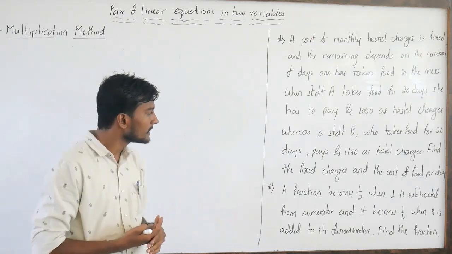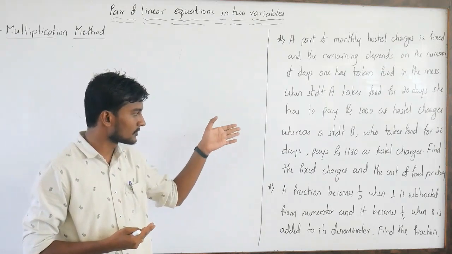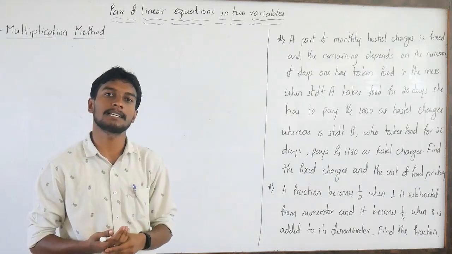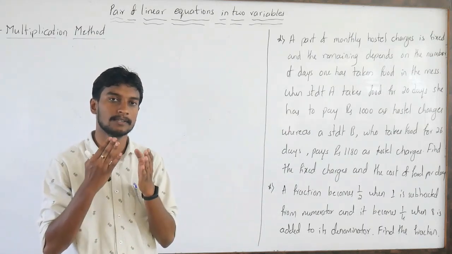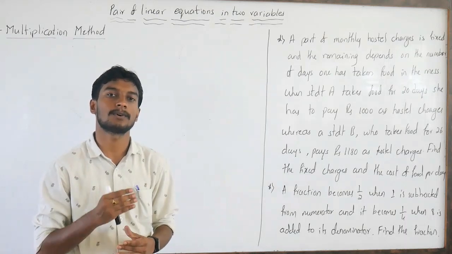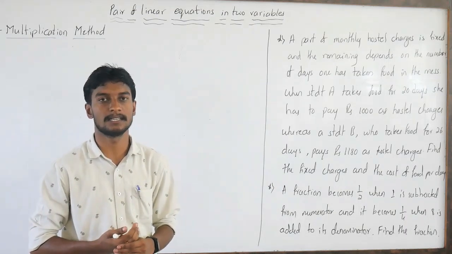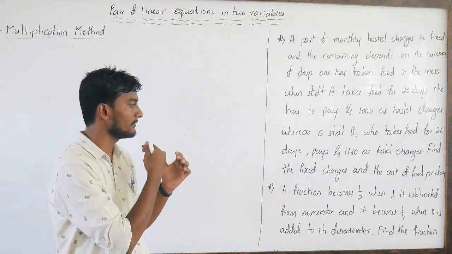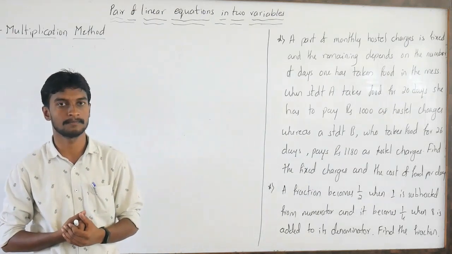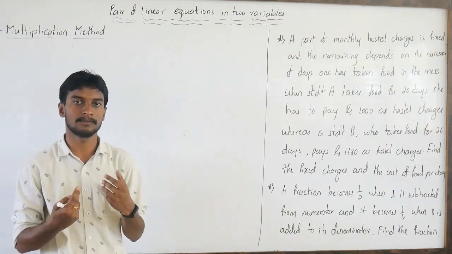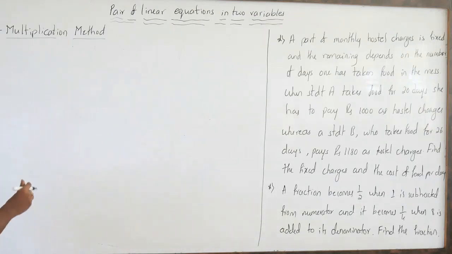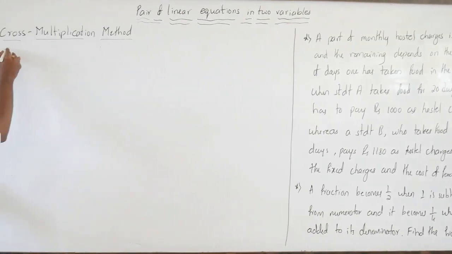The second one is student B, who has paid 1180 rupees as a hostel charge. In that 1180 rupees, the fixed charge is there and the cost of food per day is also there. So we need to find the fixed charge and the cost of food per day. We don't know either of them, so take one as x and the other as y.